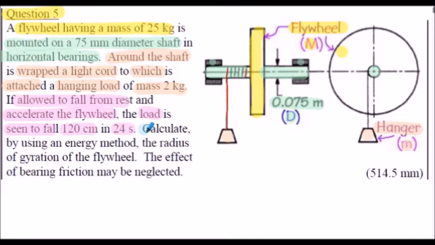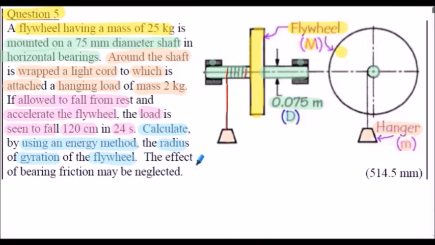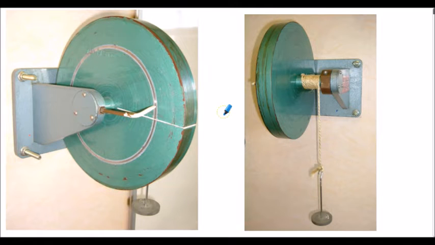We're asked to calculate, by using an energy method, energy balance, the radius of gyration of the flywheel, usually given the symbol K. The effect of bearing friction can be neglected, so bearing friction is considered negligible in our calculations. So there's the question outlined, and for reference, here's an illustration of an actual flywheel used in an experiment.